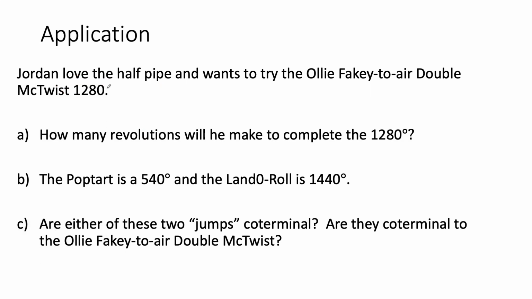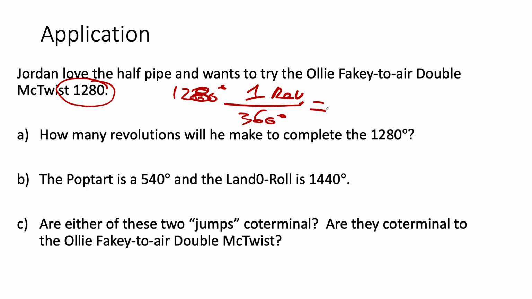Starting over, 1280 degrees. I want to get rid of degrees. I'm going to go to one revolution. So I can do 1280 divided by 360, and that will tell me I went 3.5 repeating, which is 32 ninths.